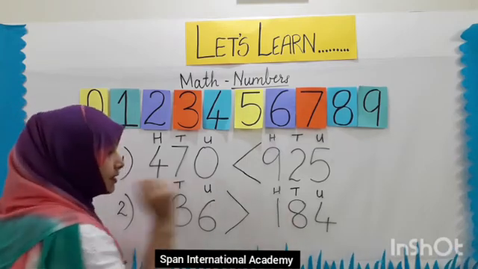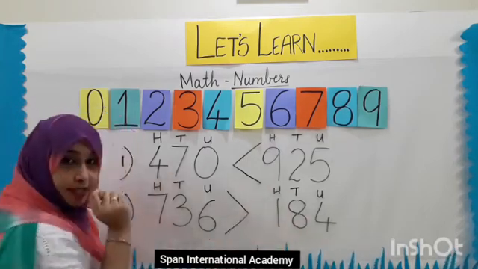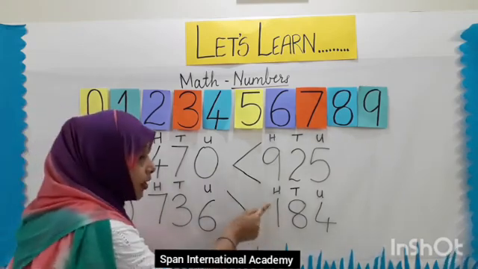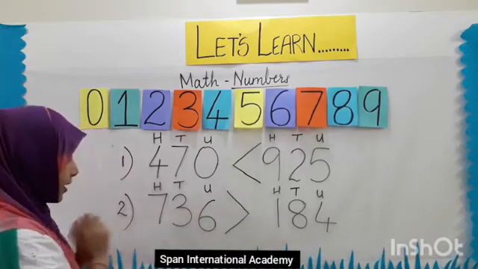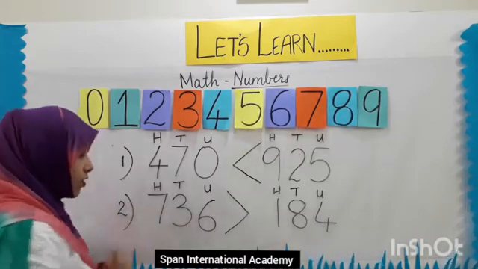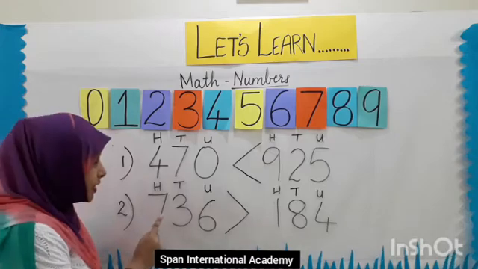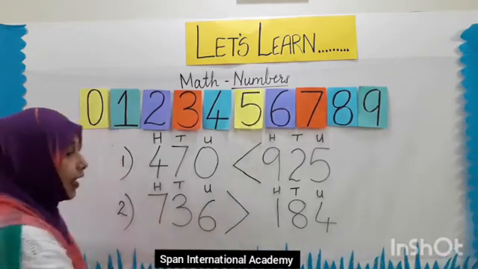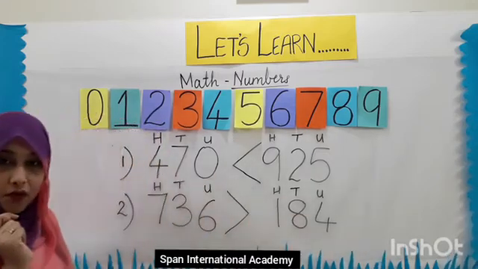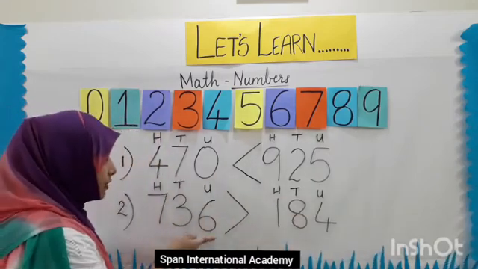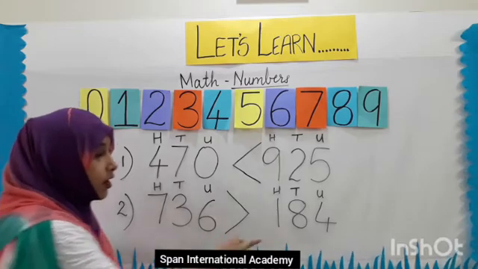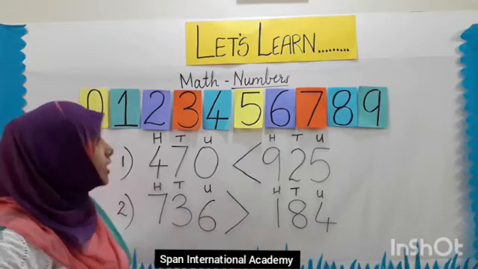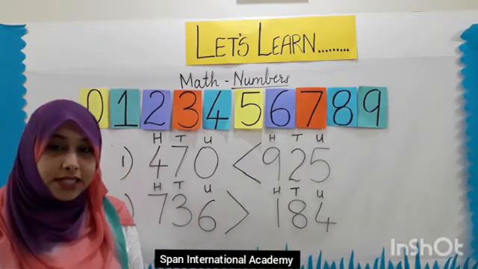Okay, then the tens. 8 tens, 3 tens. Then here I have 100. And in this number, I have 700. So that is the reason 736 is greater than 184. Okay, students? Now let's see a few more examples.